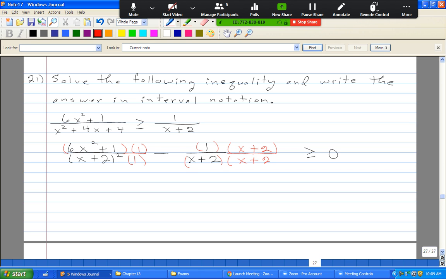And so I get the following. So I have a 6x squared plus 1, multiply the negative 1 inside the parentheses, so negative x minus 2. I want that to be greater than or equal to 0.